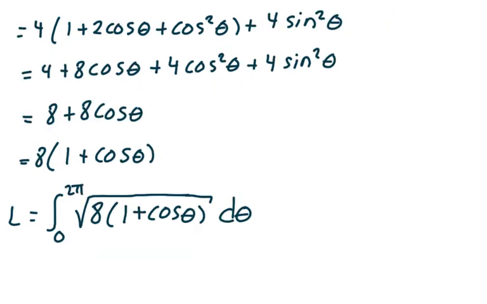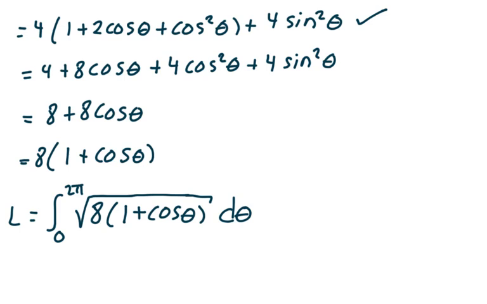And so when I do that, I get 4 times the quantity 1 plus 2 cosine theta plus cosine squared theta plus 4 sine squared theta. So this is 4 plus 8 cosine theta plus 4 cosine squared theta plus 4 sine squared theta.